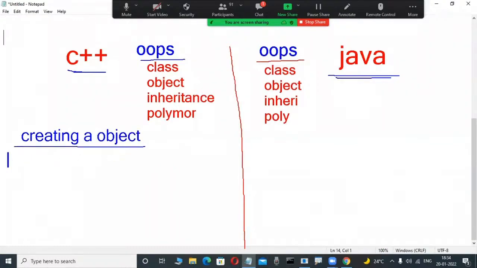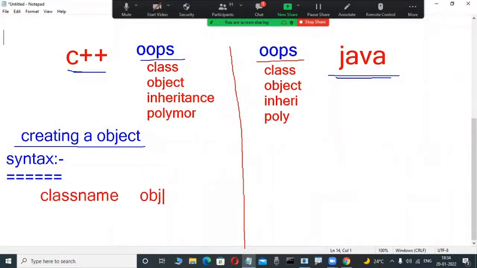The syntax is class name, space, object name. This is the syntax to create an object from the class in C++. Suppose the same creating an object in Java also. Now observe here.